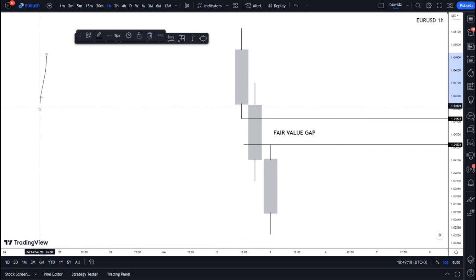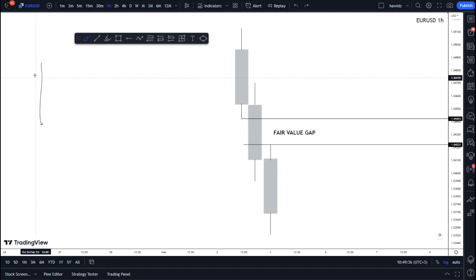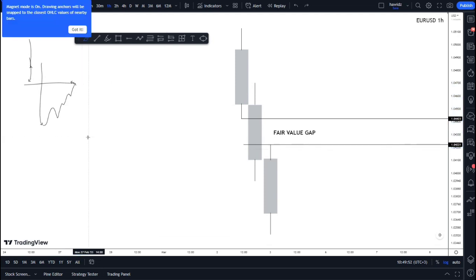If price is pushing very bearish, in a very high bearish momentum, then the bulls will not be able to fully close this gap. So let's say the wick ended somewhere here, and then we have this area here. In order for this gap to be filled, price needs to make its way back here, mitigate here, and then leave, in order for it not to leave a fair value gap.